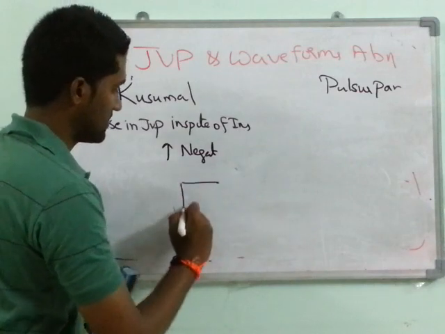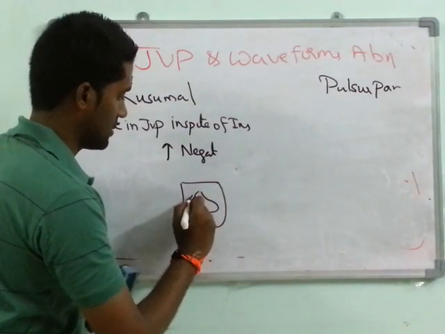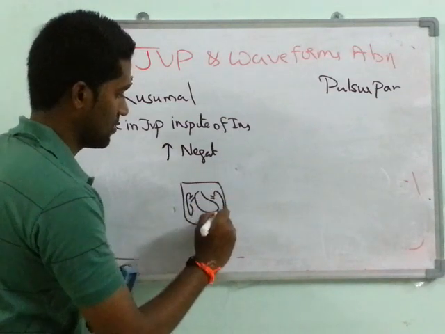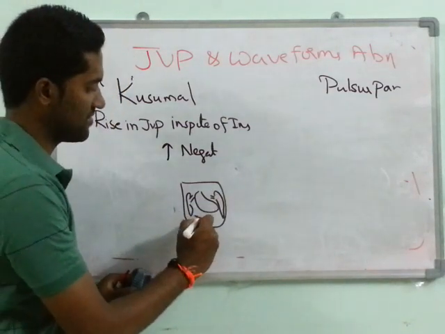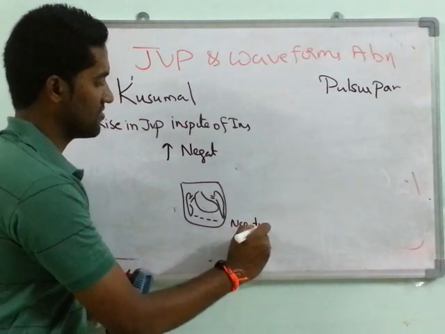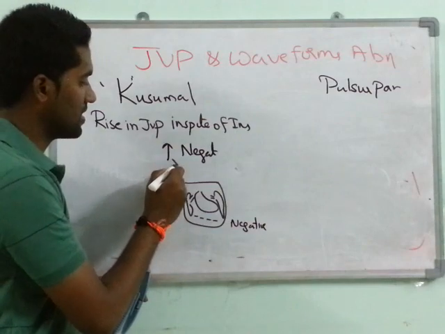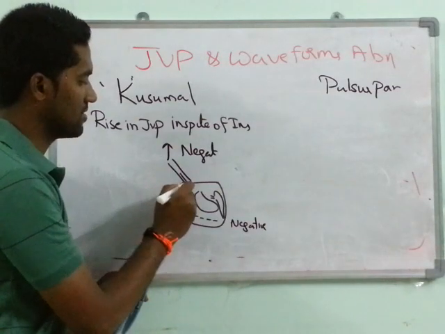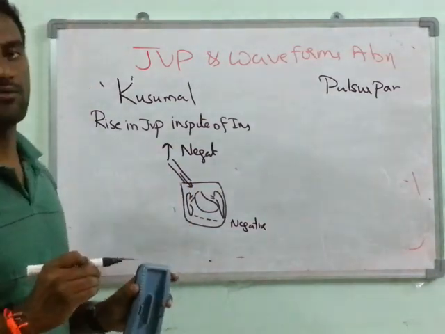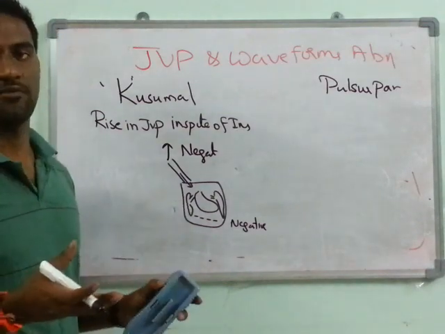So this is the thoracic cage. It contains the heart and it contains the lungs. This pressure will become more negative during inspiration. So that's why blood from the vena cava can flow easily. JVP usually rises when there is any obstruction to flow.